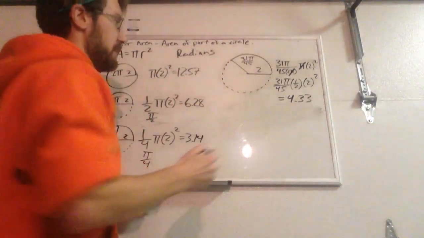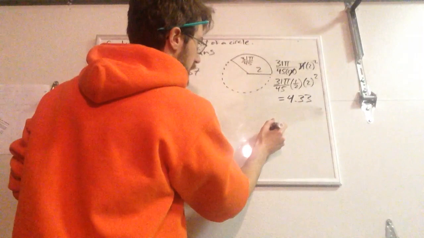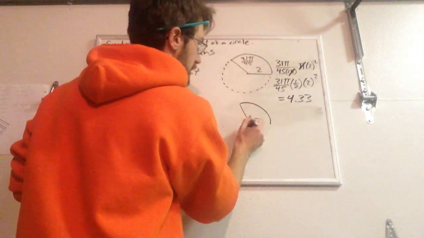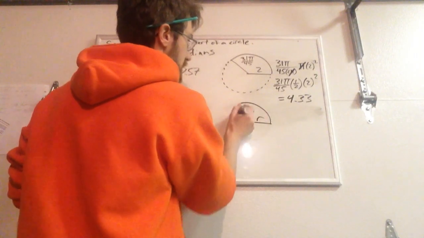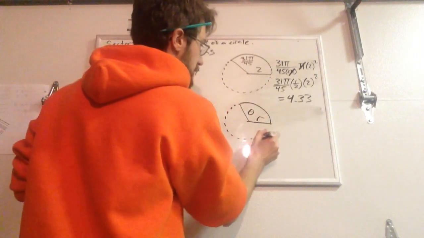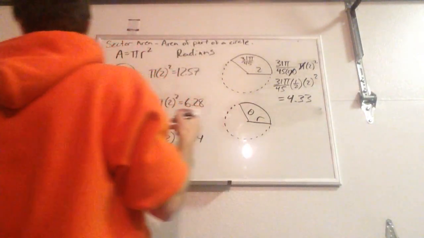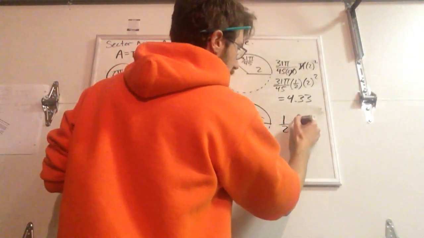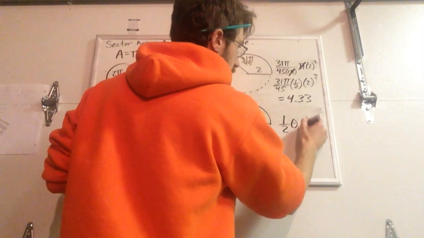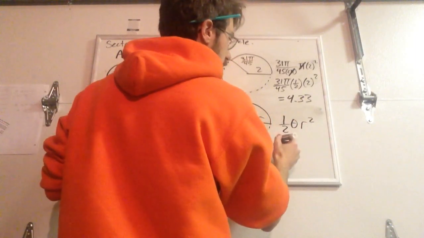So here's what's happening. When I'm taking a sector area, so there's my radius, it is theta radians, my formula becomes 1/2 theta times the radius squared.